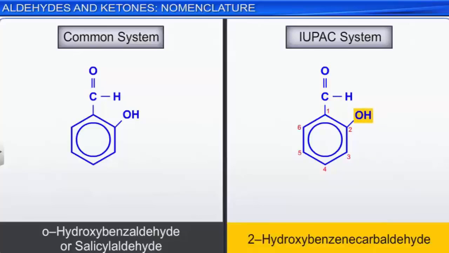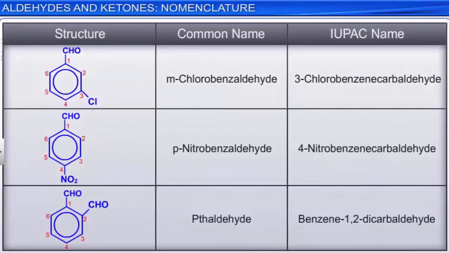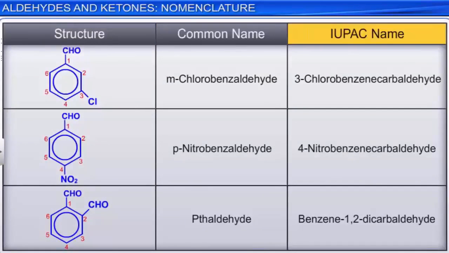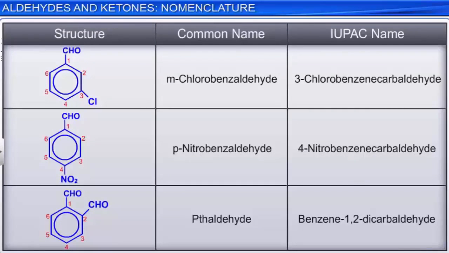Now let's look at the common names and the IUPAC names of some compounds. The common name, meta-chlorobenzaldehyde, is written as 3-chlorobenzenecarbaldehyde in the IUPAC system. Similarly, para-nitrobenzaldehyde is 4-nitrobenzenecarbaldehyde.